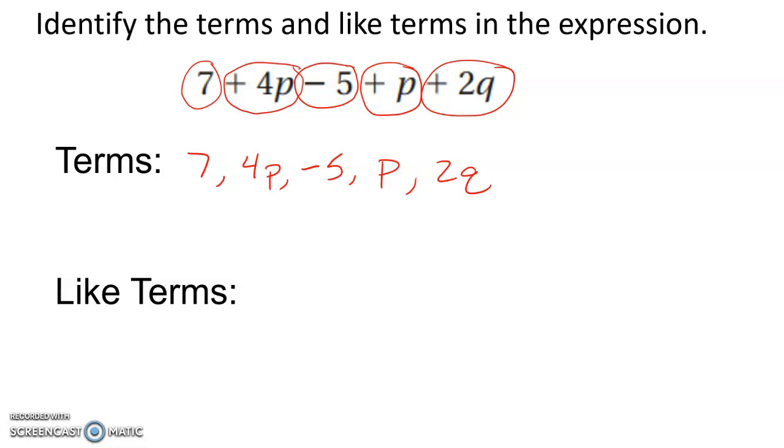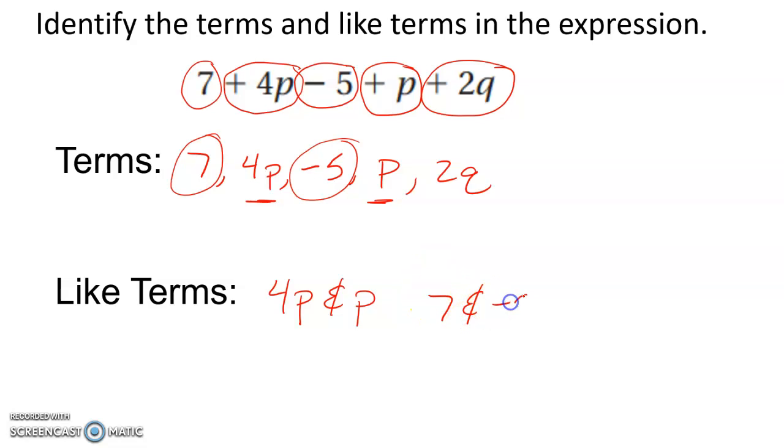Like terms: I see a 4p and a regular p. So 4p and a p. Now, the 2q, there's no other q, but do you notice the 7 and the minus 5? Both of those are constants. They do not have any variable with it. So those are like terms: 7 and negative 5. So those are the like terms.